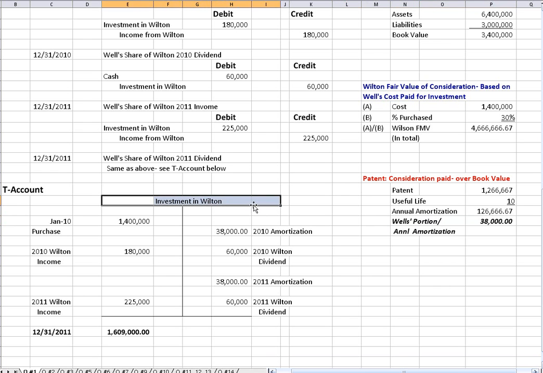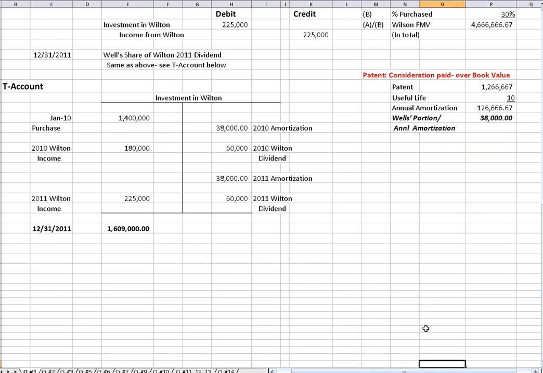And we can see that in the asset account, investment in Wilton, the amortization expense goes to reduce Wilton's investment in the sub. So again, we saw three things going on here.